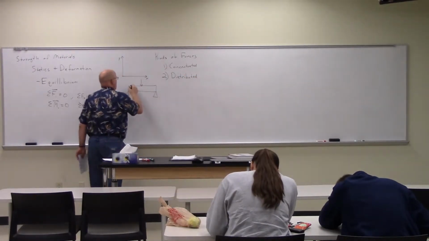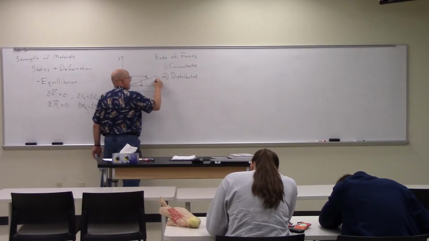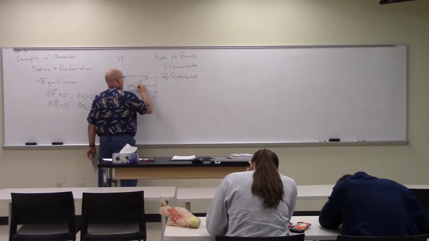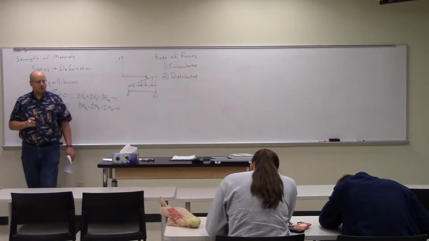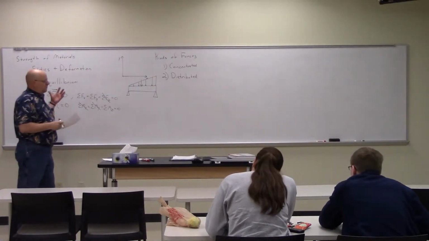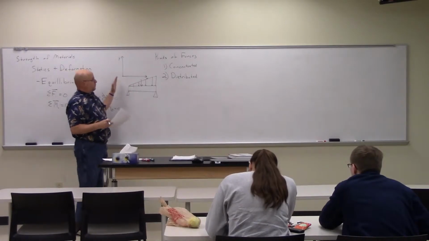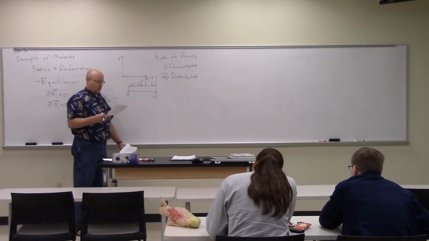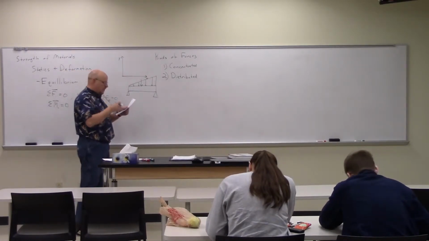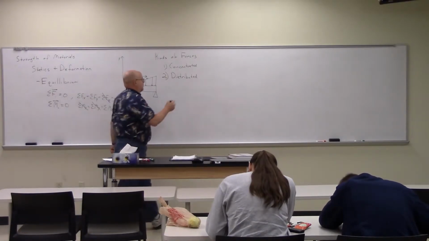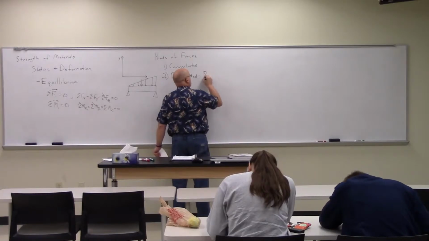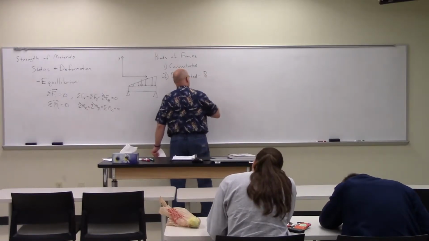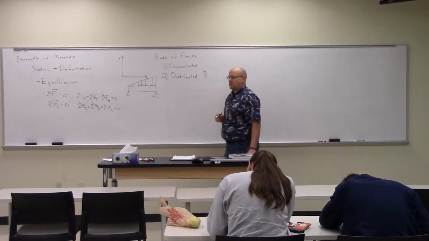In 2 dimensions, we typically drew distributed force something like this. Remember those? Right? So in this case, it's a non-uniform distributed force. It could be uniform if it was a rectangle instead of a triangle. And in distributed forces, we talked about, we have some force per unit length. Right?